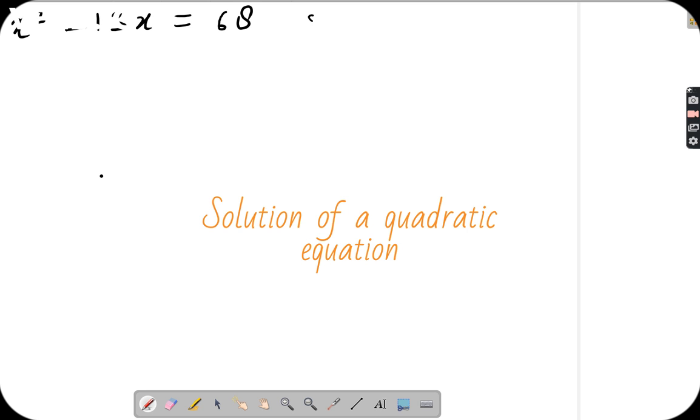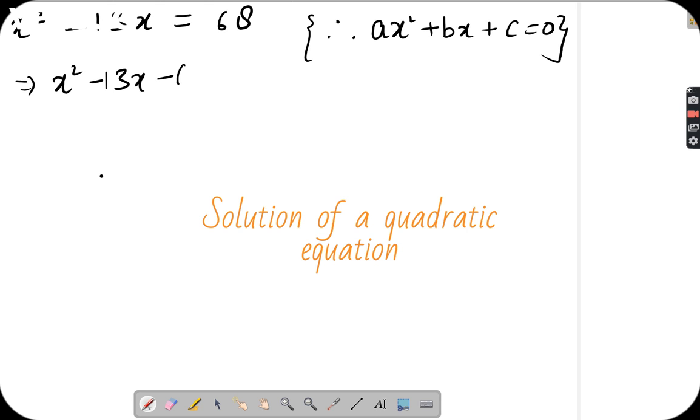Now, compare this given equation with the standard equation, which is in the form ax square plus bx plus c equals 0. So we'll rewrite the given equation. It will look like x square minus 13x minus 68 equals 0.